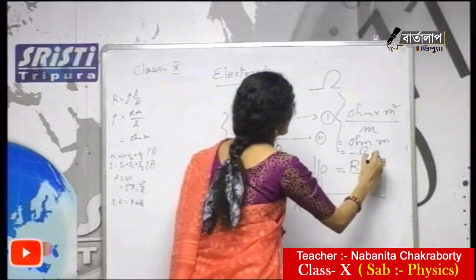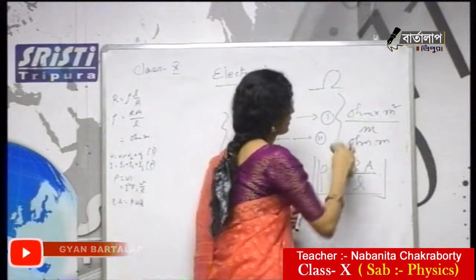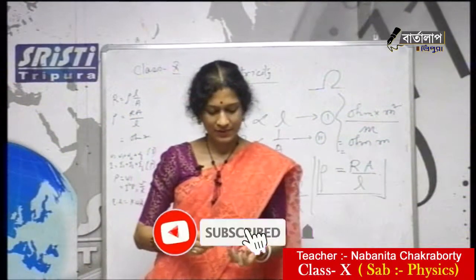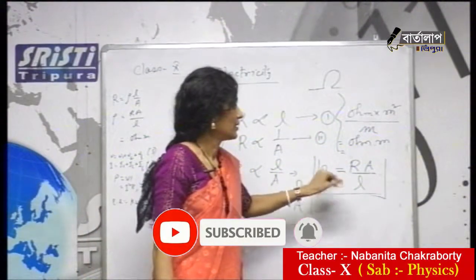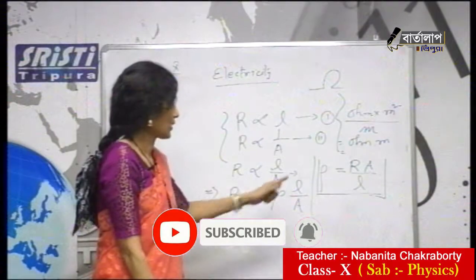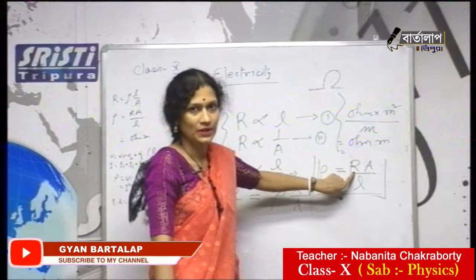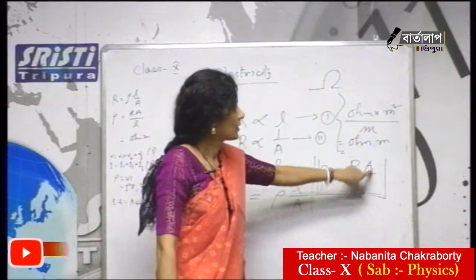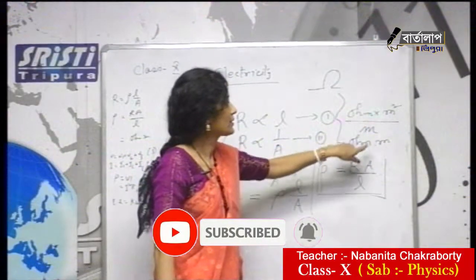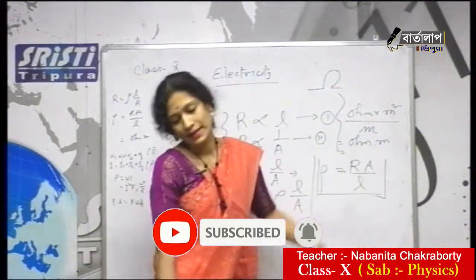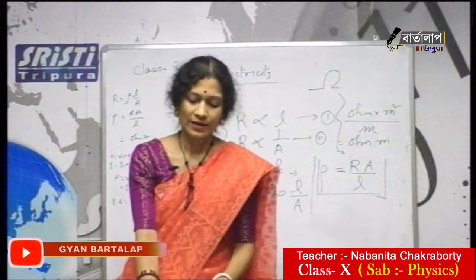Now, if the question comes, what is the unit of resistivity or specific resistance, then you put the unit of R, the SI unit of A, and the SI unit of L. After that, you calculate and get ohm meter. In that way, we can explain the unit of resistivity.